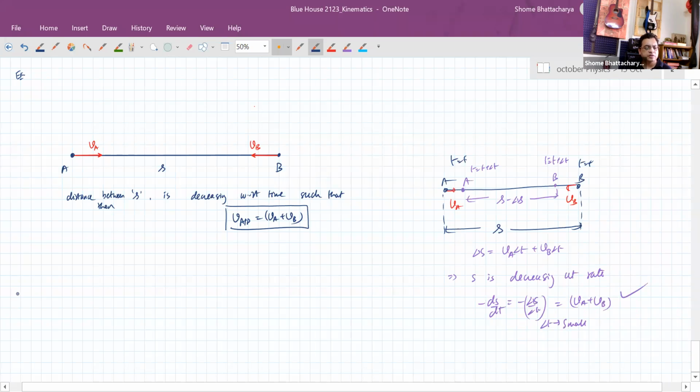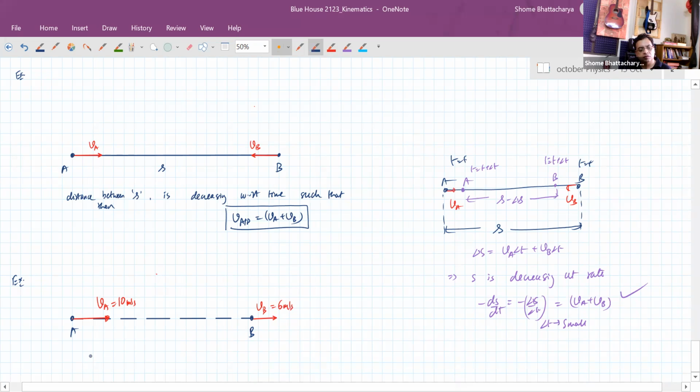But now suppose we have a different situation where something like this is happening. Now the two particles that we have, suppose they are moving in such a way that B is actually moving opposite or away from A, and A is moving directly towards B. Suppose this is 6 meters per second.